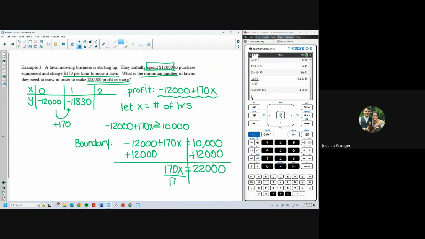And then to get x alone, I'm dividing by 170. Because I anticipate this probably isn't going to be a nice number, I'm going to hit Control Enter right off the bat. So I get x is 129.412.